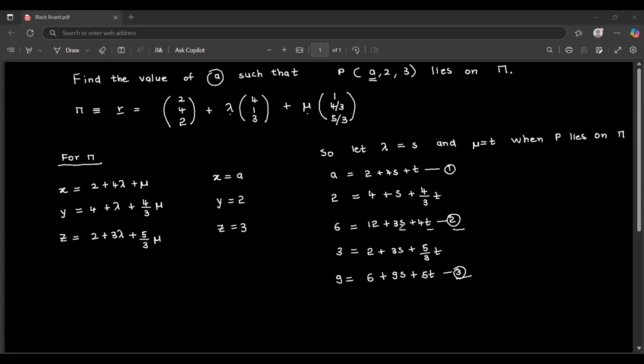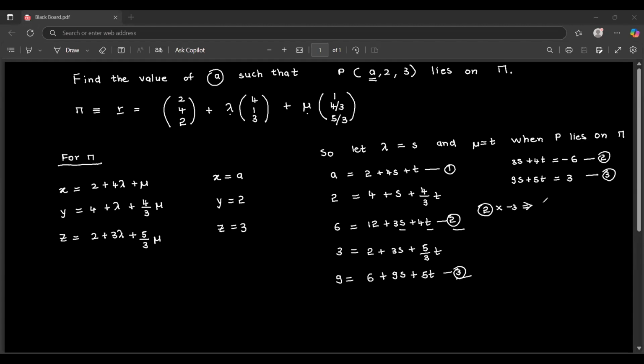So here we have 3s plus 4t equals minus 6, and you have 9s plus 5t equals 3. This is the second equation and this is the third equation. I'm going to multiply the second equation by minus 3.